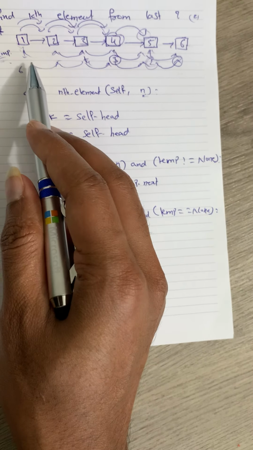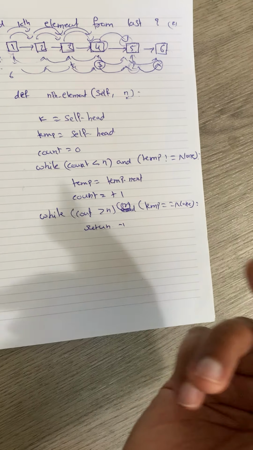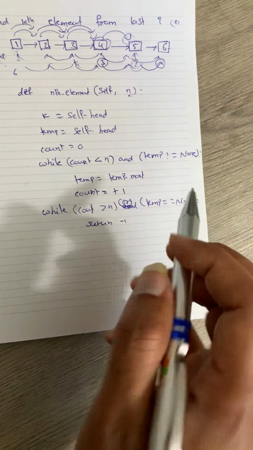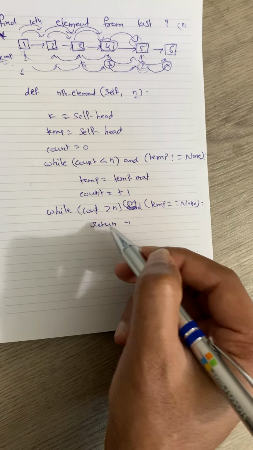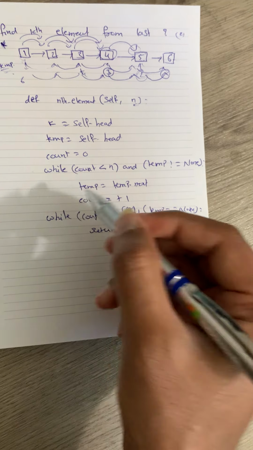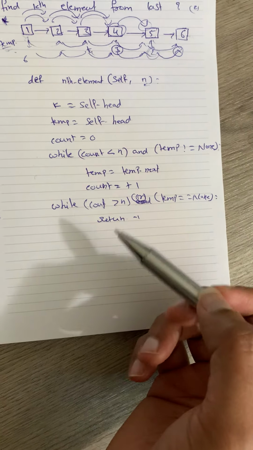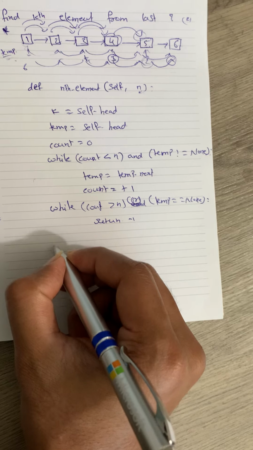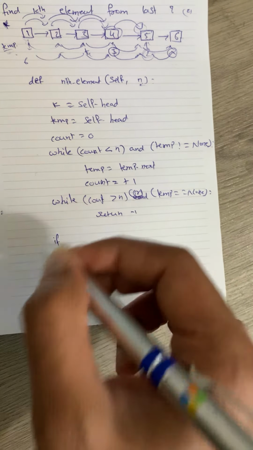So if the linked list is empty, then we will just return nothing, or if the count goes to more than n, we also return -1. So this is where our original logic comes into the picture.